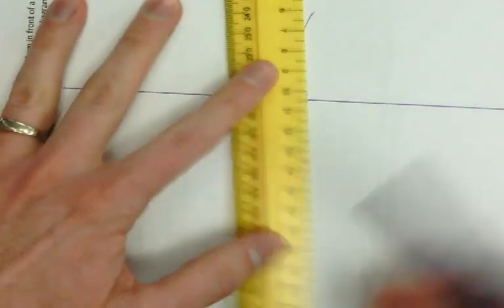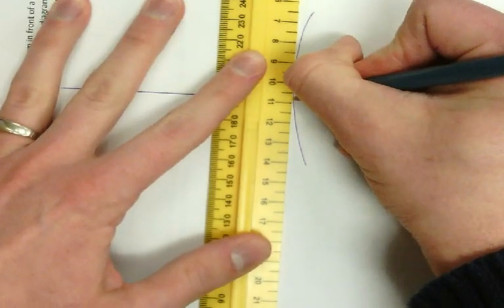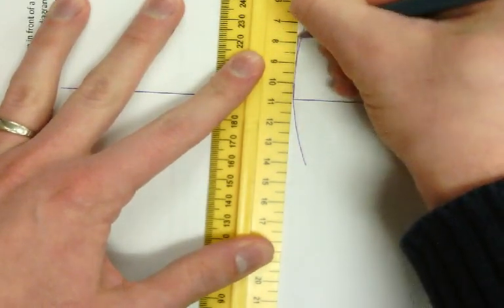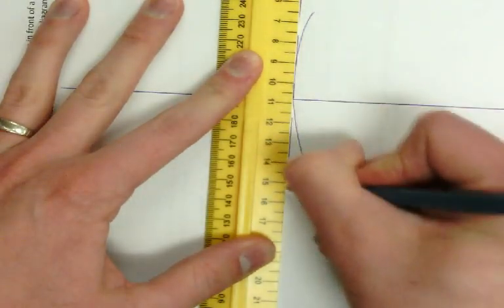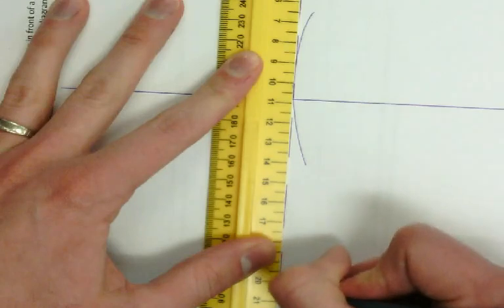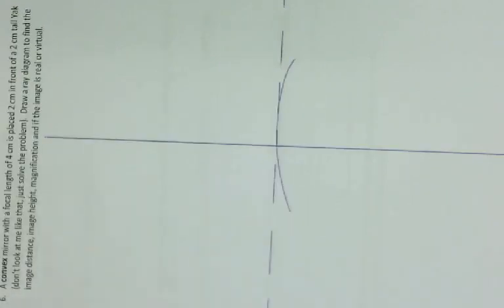Okay, then you're going to draw your vertical line. Then you're going to draw the object.